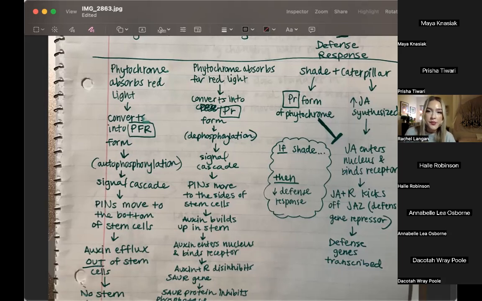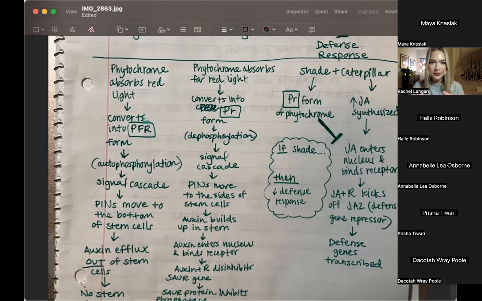Could you just reiterate the difference between PR and PFR? I know that the plants absorb the red light, but could you explain what the significance of converting it to PFR is? Yeah, so phytochrome is like a receptor that detects light, and it can switch between those two different forms.